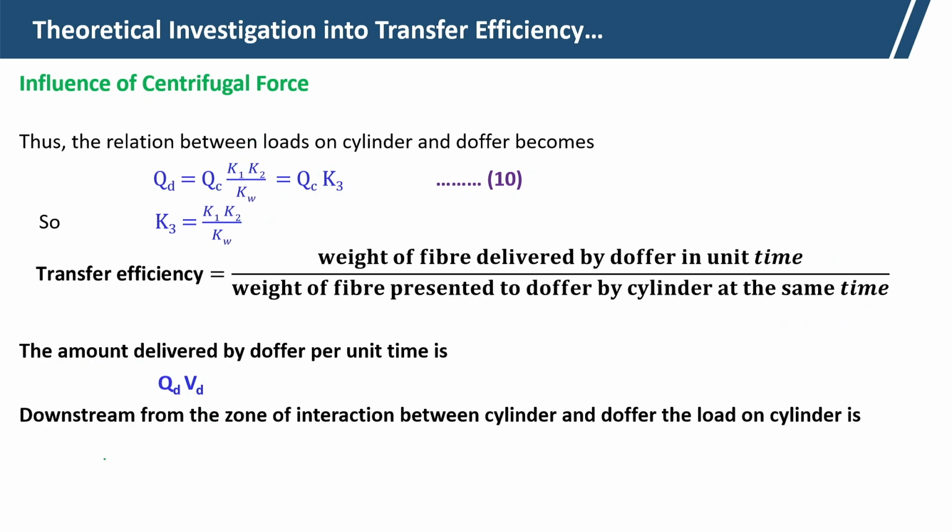Downstream from the zone of interaction between cylinder and doffer, the load on the cylinder is this, because the transfer coefficient is there, and Qd is the load on the doffer. So, Qc we can calculate.